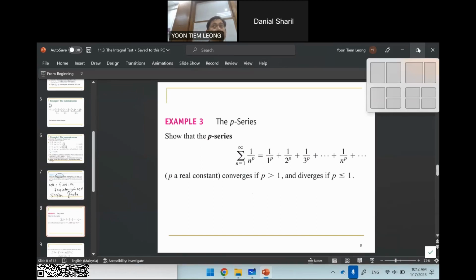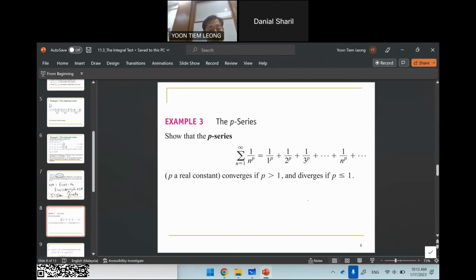For example, the harmonic series is divergent, and such a result will be repeatedly used when we consider other cases. The result of the p series will also allow us to obtain the calculations of other series.